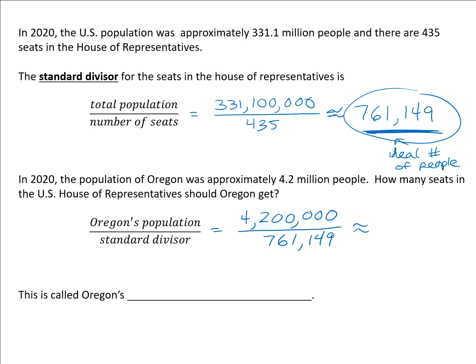When we do that, we get a decimal result as well, 5.52. I'll just round off at the second decimal place. But the main thing is, notice, this is telling us that we should have 5.52 seats in Congress. We can't have a portion of a seat, but this is giving us what would be the ideal if we could have a portion. We call that Oregon's standard quota.